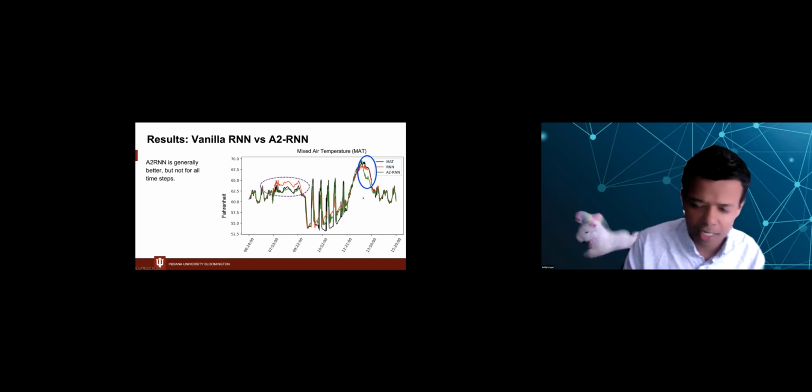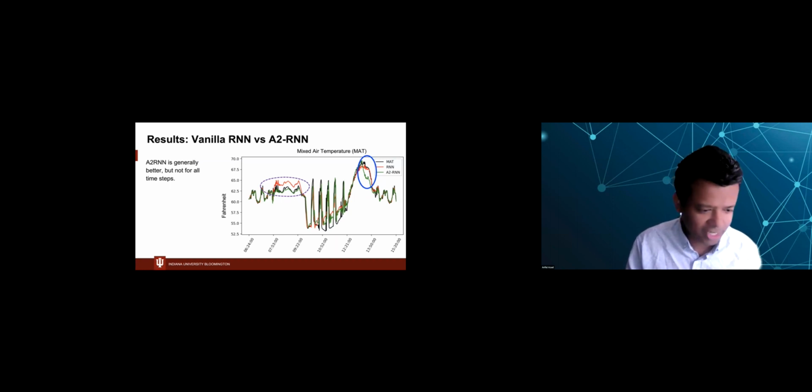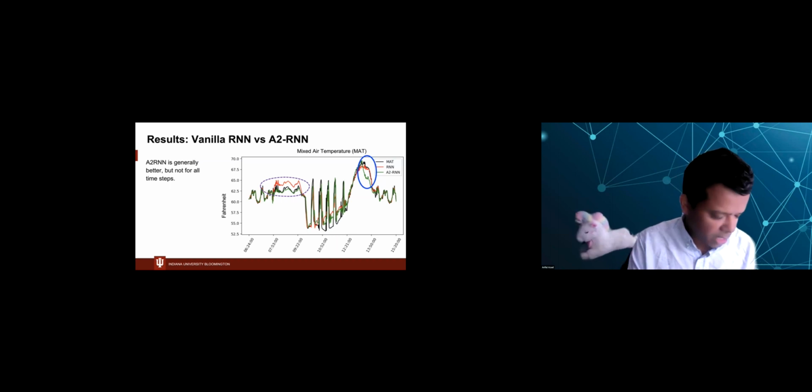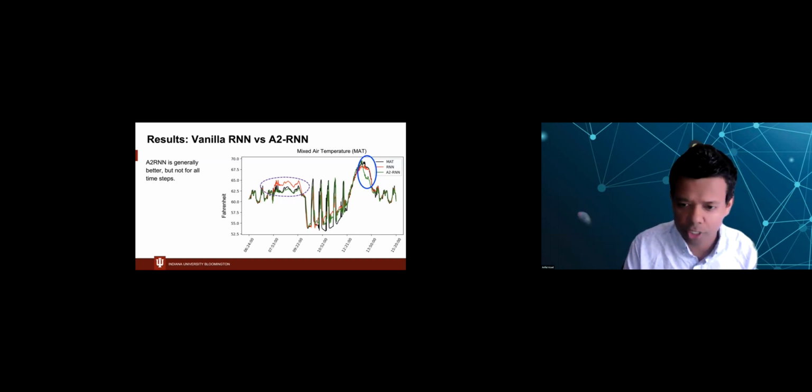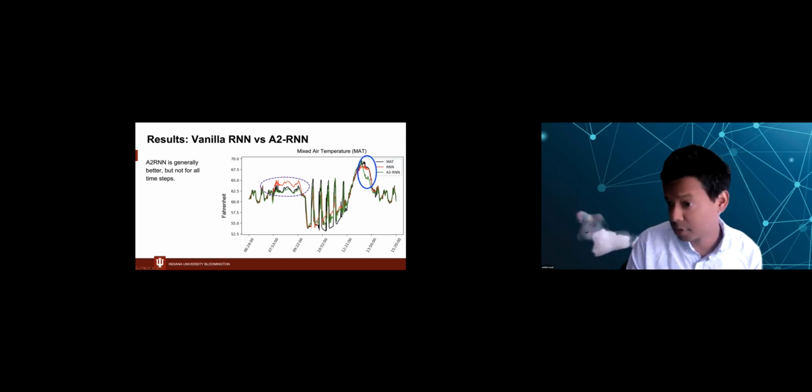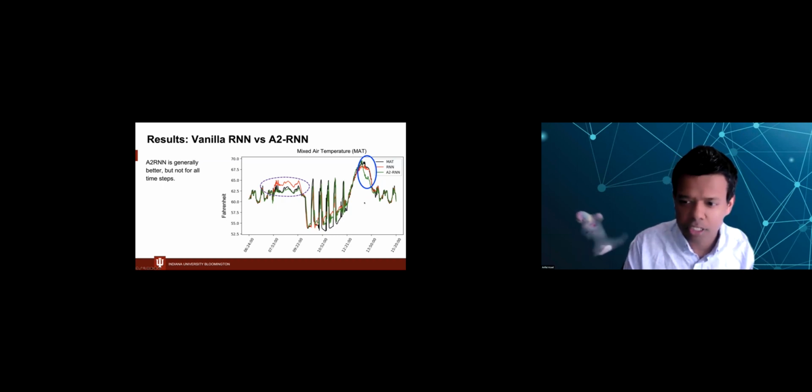This can happen because of the nature of the attention score. We are investigating those, because we are minimizing a loss function for the whole time series, so in some cases it may perform worse than the vanilla model. But in general, the performance is better than vanilla RNN that does not use attention scores.